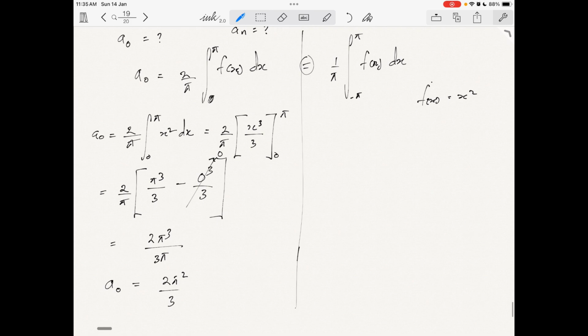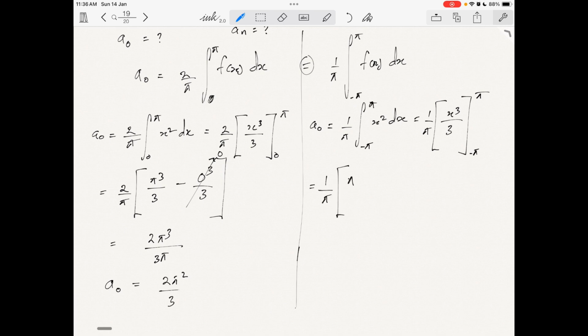Now using the other formula, we have that a naught is equal to 1 over pi integral from minus pi to pi of x squared dx. This will give us 1 over pi, integrating x squared, x cubed over 3 with limits from minus pi to pi. Substituting our limits, the upper limit is pi cubed over 3 minus the lower limit, which is minus pi cubed over 3.